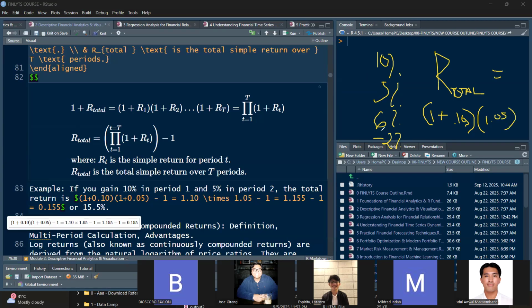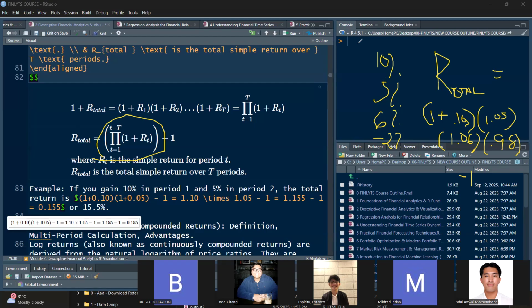And then 1 plus 6%, times 1.06, and then 1 plus negative 2%, so that's 0.98. Okay, get the product of all of this, and then minus 1. 10, 5, 6, negative 2.